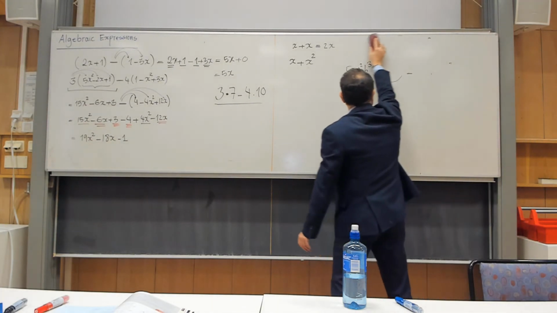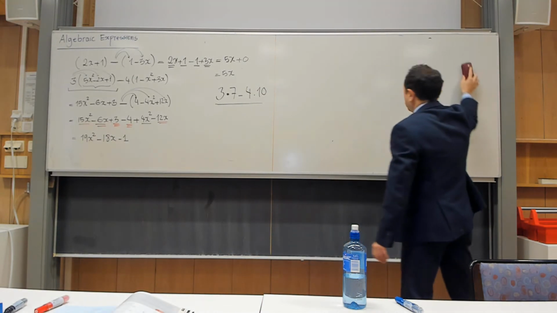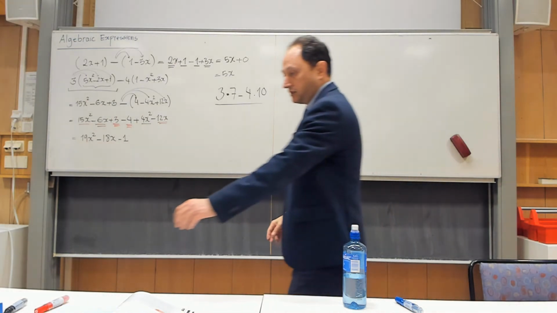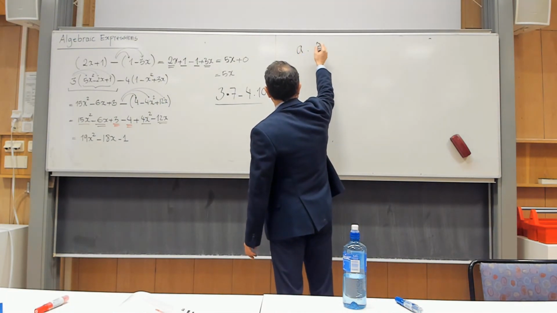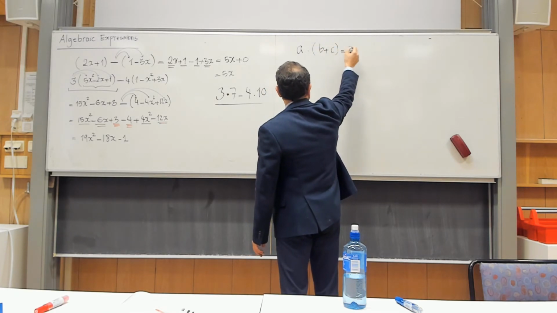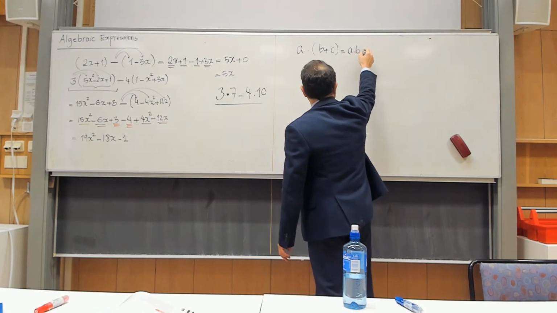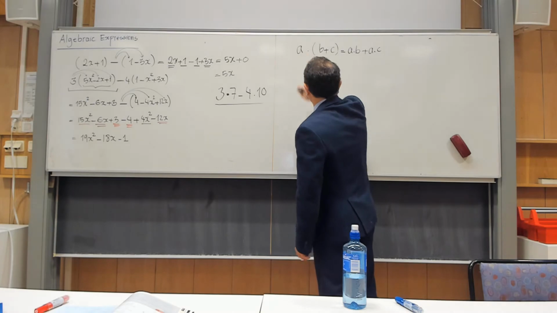So let me start from distributive law again. What is distributive law? Distributive law tells you that if you have A multiplied by B plus C, it becomes A times B plus A times C, but of course usually we do not write this dot.